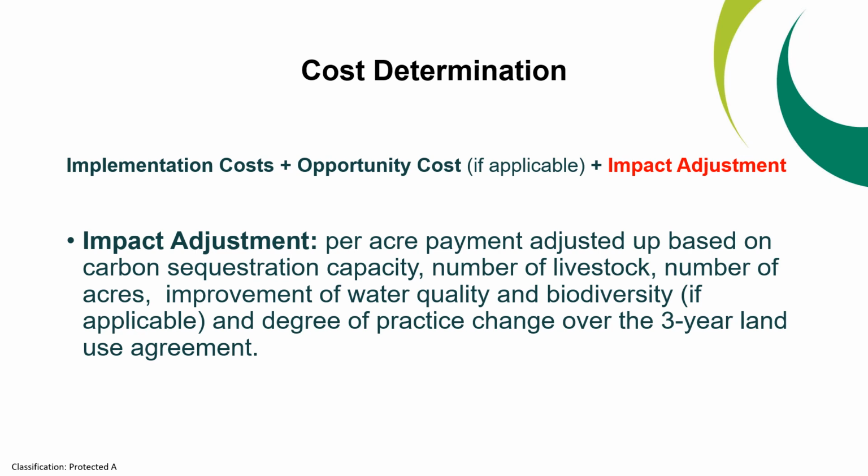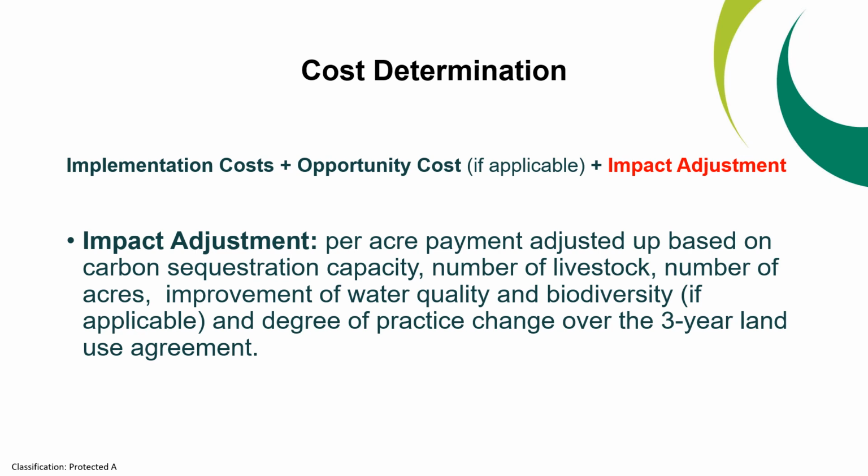The impact adjustment is an additional per acre payment that is adjusted up to 15% based on the impact of your project. So the different factors that are looked at to determine this are carbon sequestration capacity, the number of livestock affected, the number of acres, the improvement of water quality and biodiversity, and the overall degree of practice change over the 3-year land use agreement.